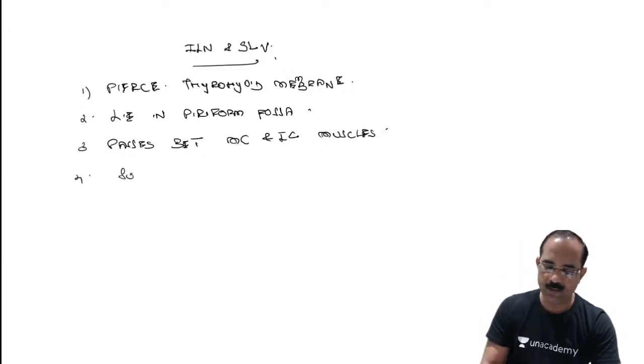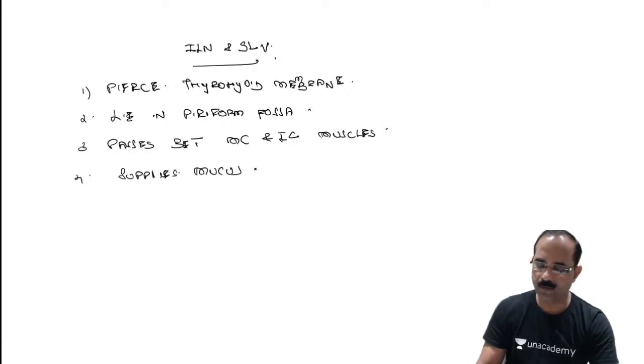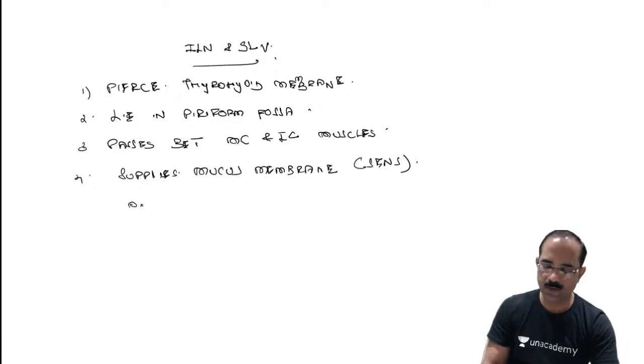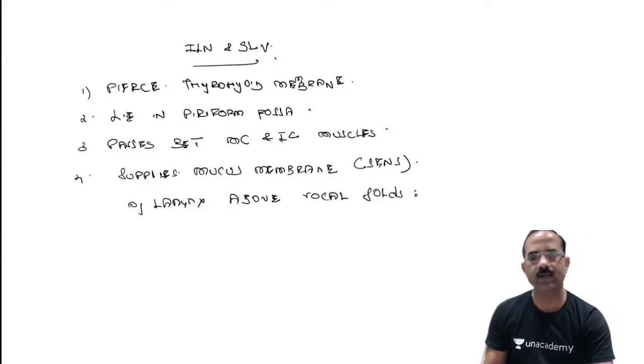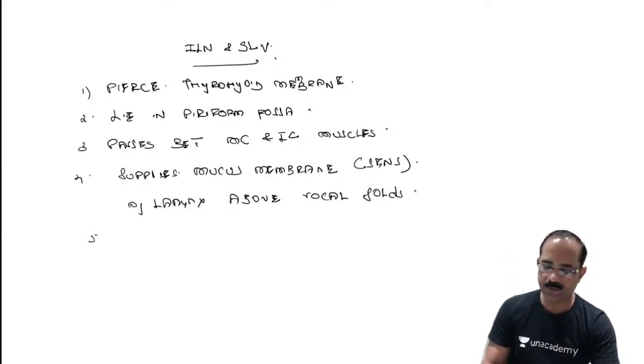Fourth, supplies the mucous membrane. That's sensory. Supplies the mucous membrane of the larynx above the vocal folds.